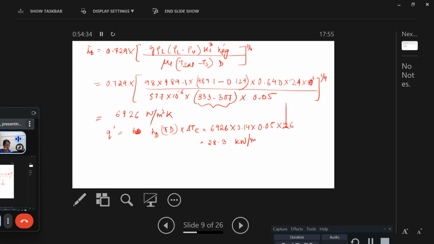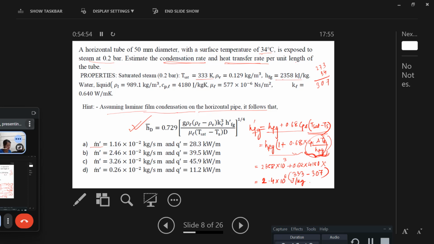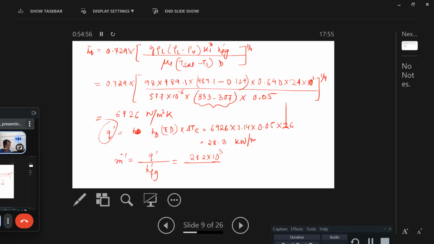Now next is to find out m dot. m dot we can find out with the help of this q prime. It's m dot prime, so q prime divided by hfg'. So 28.3 into 10 cube, if you convert into watt, divided by 2.4 into 10 to the power 6.